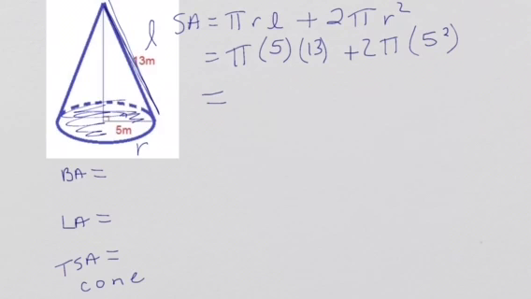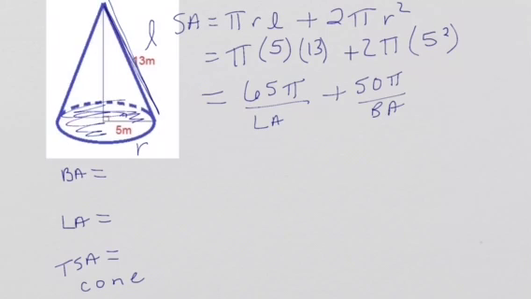When I go in to start multiplying, this is going to give me 65 pi, which is going to be my lateral area, plus 5 squared is 25 times 2 is 50 pi, which is going to give me my base area.